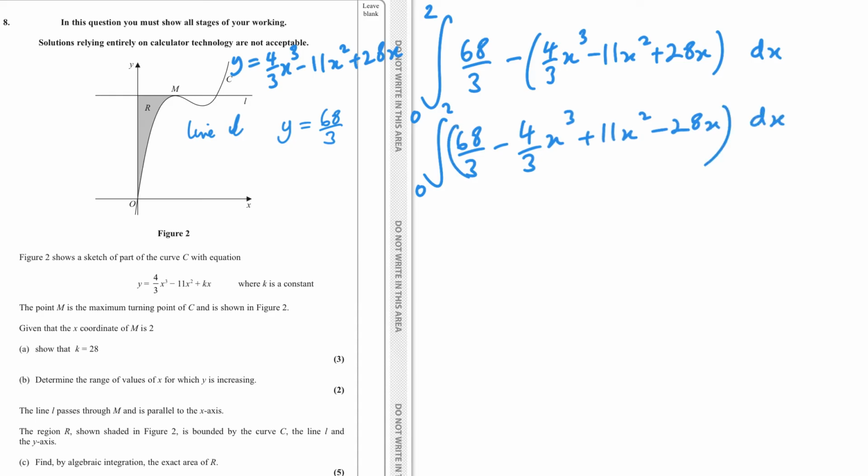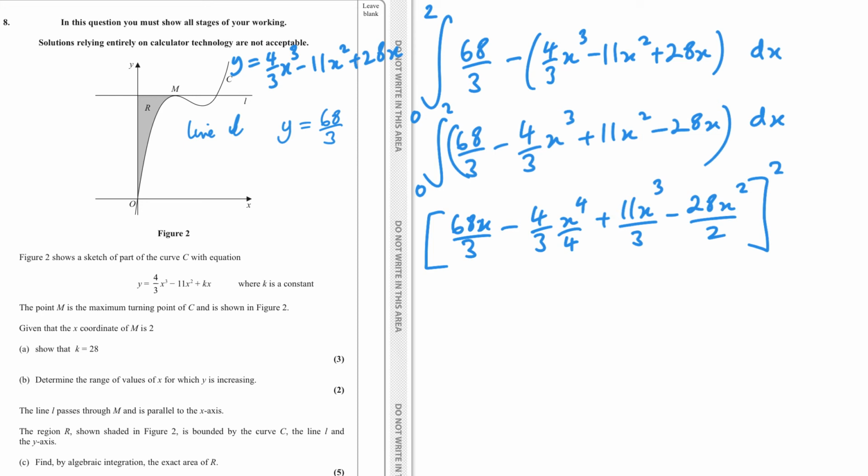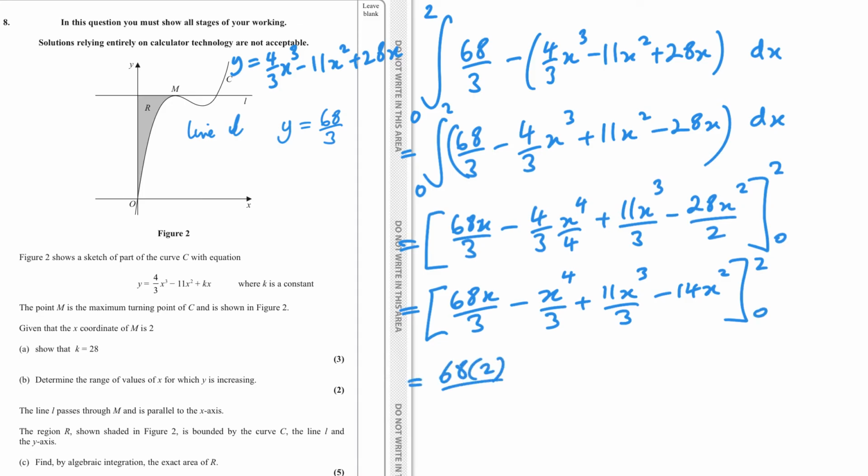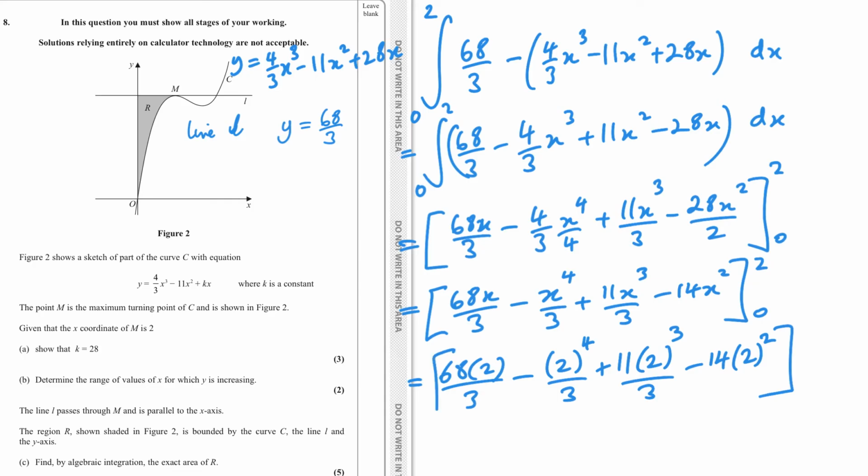And what I'll do is I'll speed the next bit up. Equals 40 over 3. So that's one way of doing it.